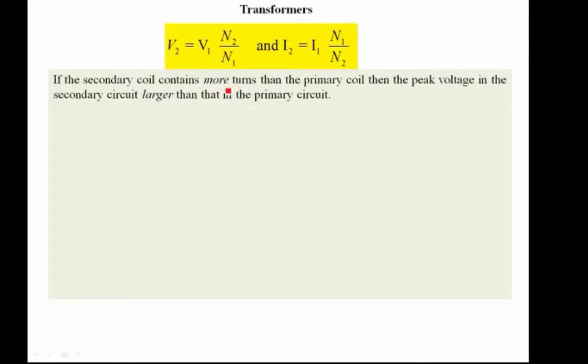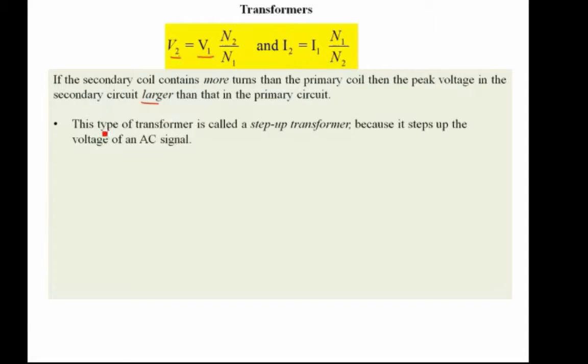We can consider two cases. When the secondary coil has more turns than the primary, you'll notice that V2 is going to be larger than V1. And so the peak voltage in the secondary circuit is larger than in the primary circuit. We call this type of transformer a step-up transformer because it increases the voltage of an AC signal.